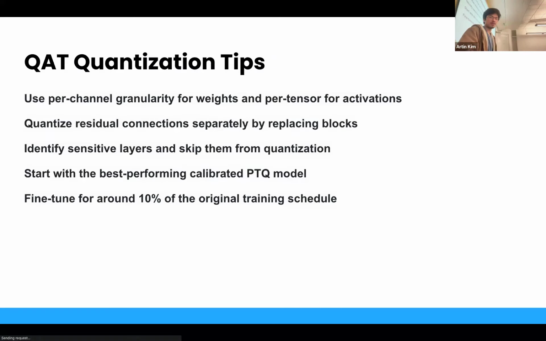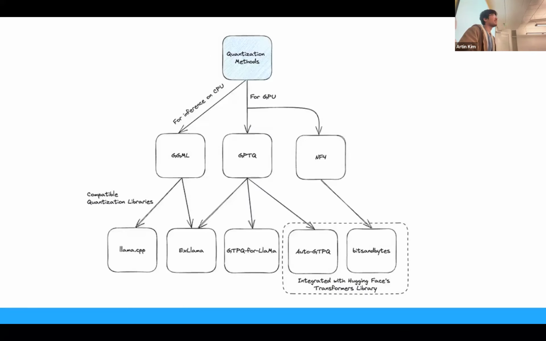I didn't put numbers, but with int4 quantization, I can run a 13 billion parameter Llama on my laptop in 8 GB of memory. 13 billion times 4 is 52 gigabytes, which does not fit in my memory, but I can run that 13 billion model in about 8 gigabytes, which is pretty impressive.